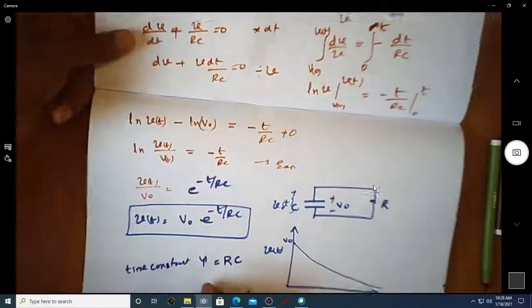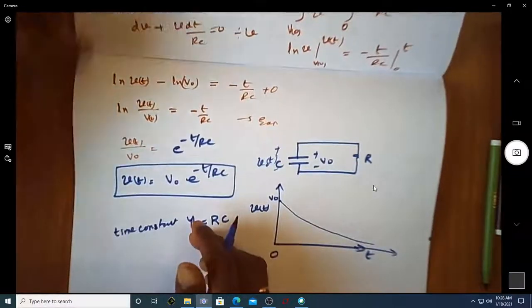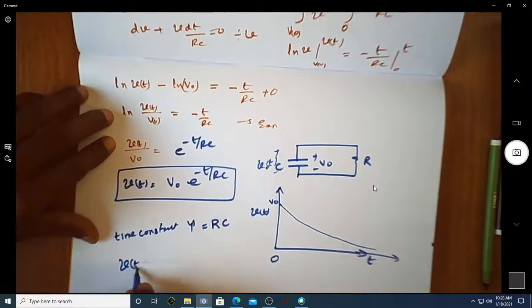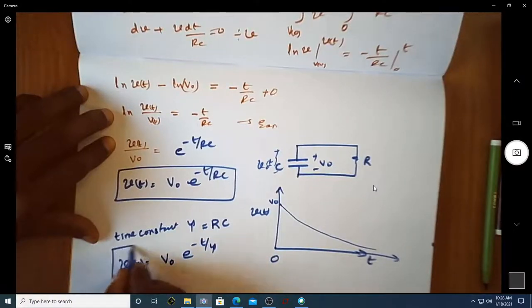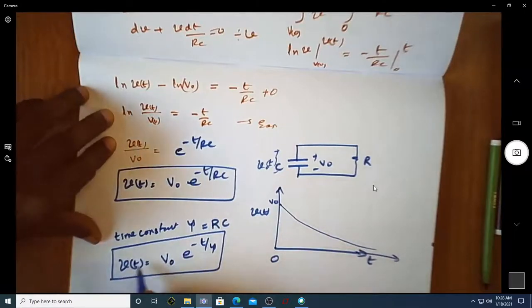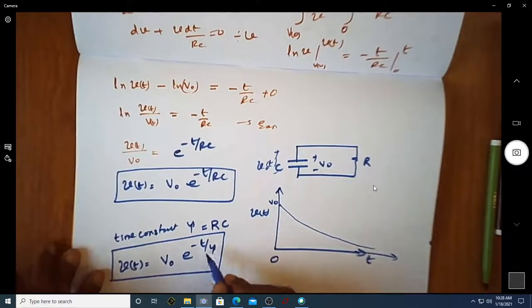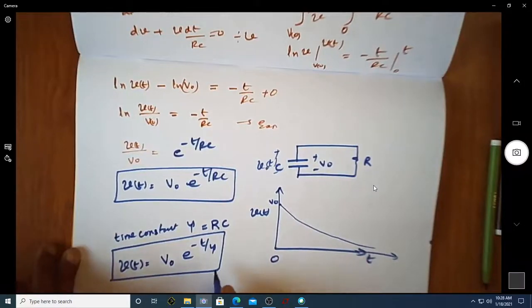So you can rewrite this expression: v of t, the voltage across the capacitor at any point of time, is given by v naught into e power minus t by tau. This is the expression for the capacitor voltage at any point of time with a time constant RC, where R and C are the values of the resistor and capacitor under consideration.